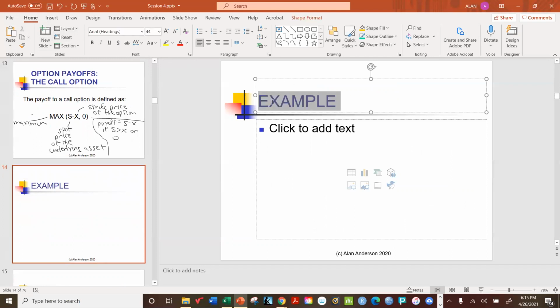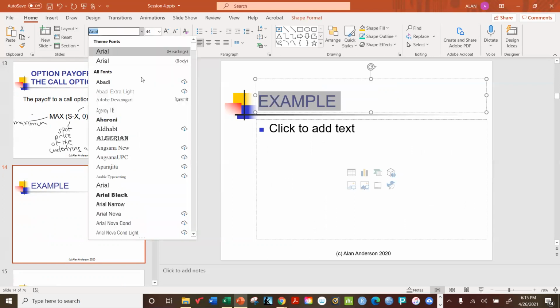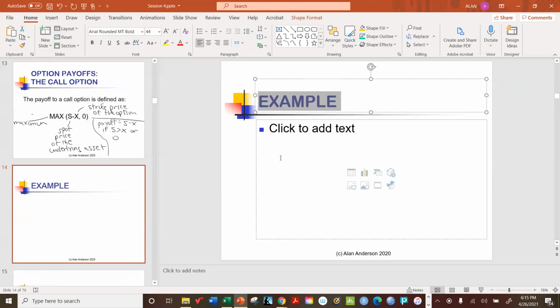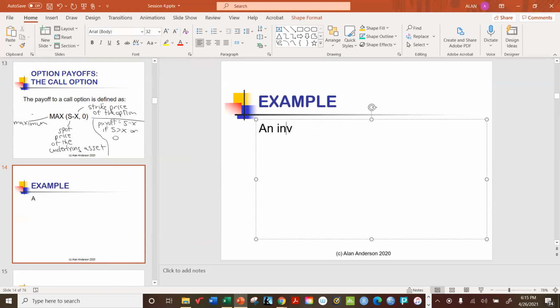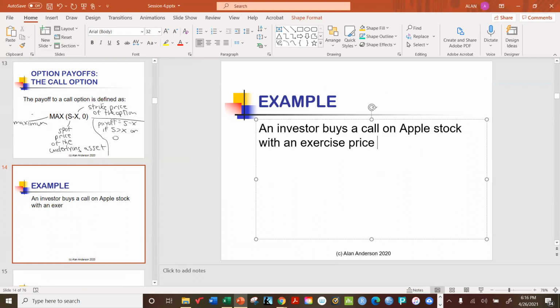Okay, let's say that an investor buys a call on Apple stock with an exercise price of 100. The maturity date is September 1st.